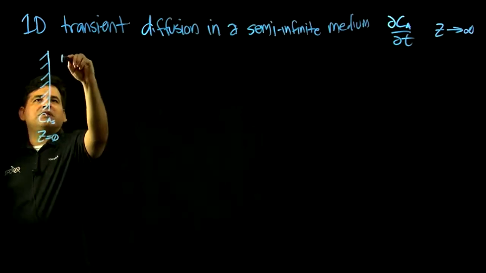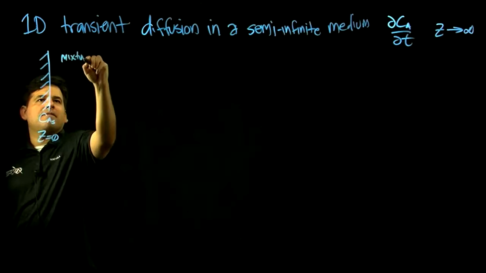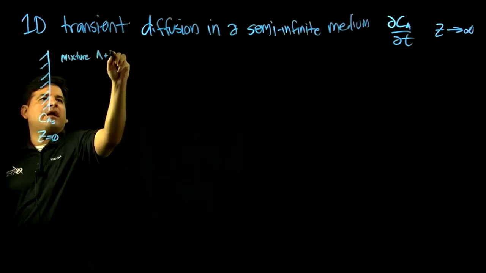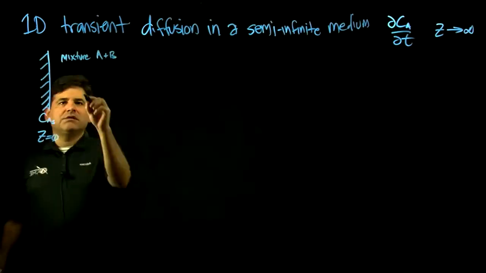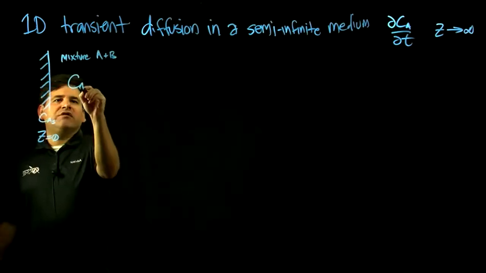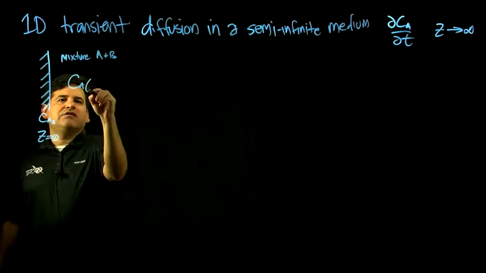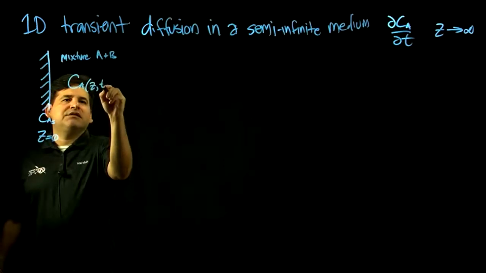If this is a binary mixture of A plus B, the question is, what is the concentration of A as a function of space and time?